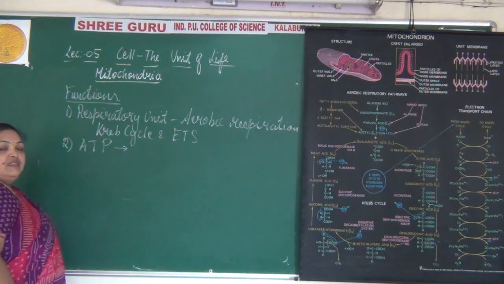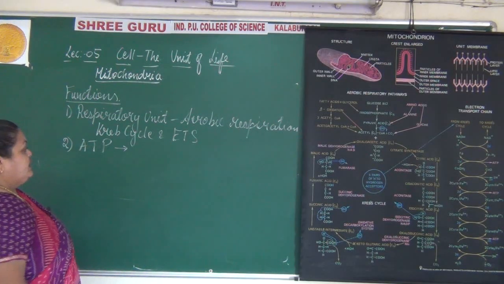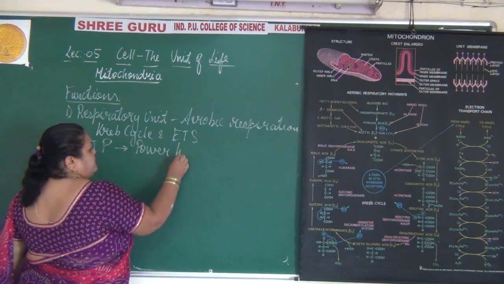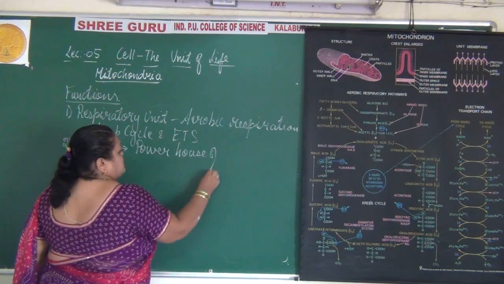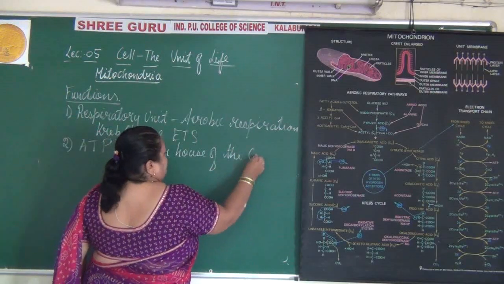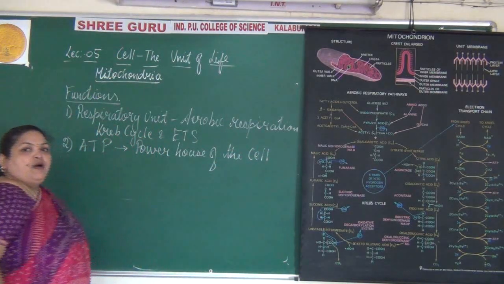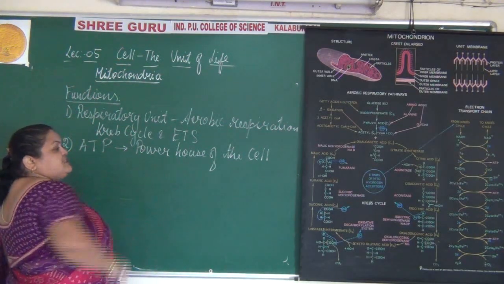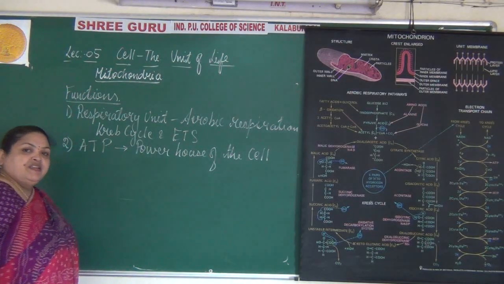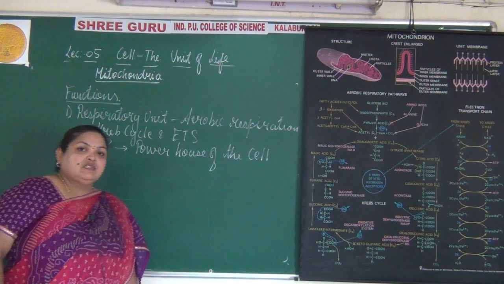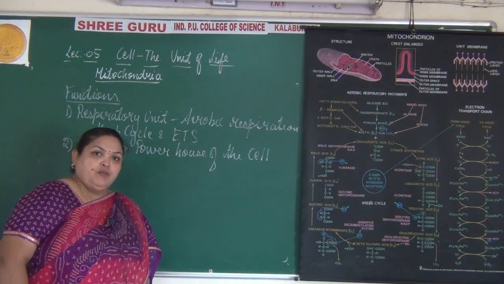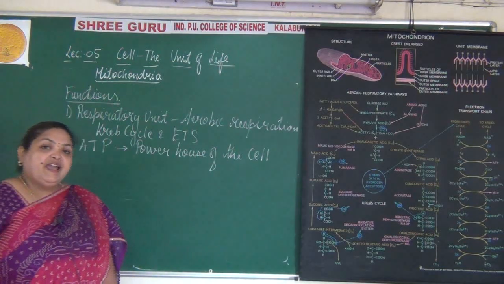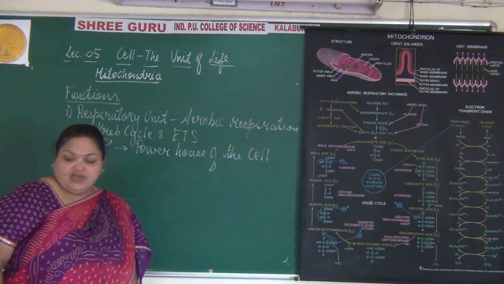As it produces the energy component ATP, the mitochondria are called the powerhouse of the cell, the component that synthesizes the energy. And this energy is used by the cells for conducting all the metabolic activities. So this is about the mitochondria, its structure and the functions.